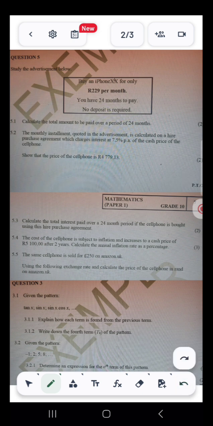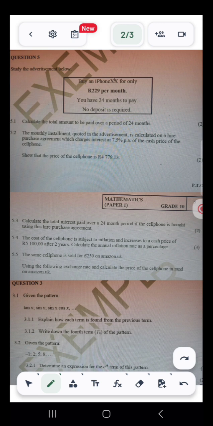So let's continue the statement. Which charges interest at 7.5% per annum of the cash price of the cell phone. So what's the monthly installment? 229 rand per month.